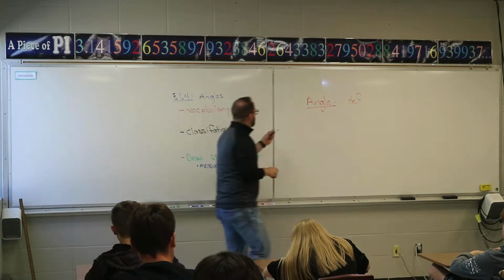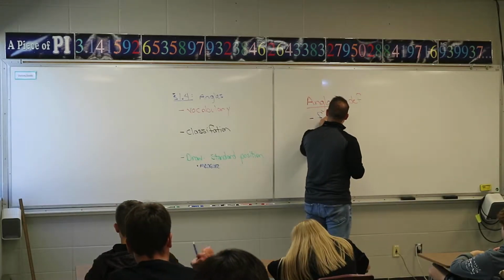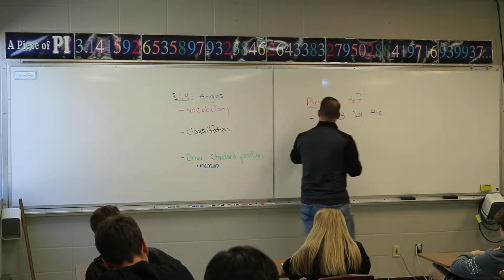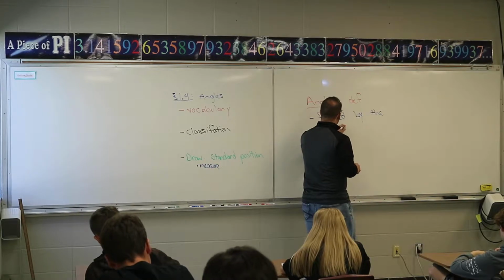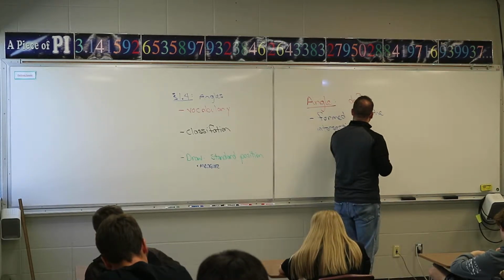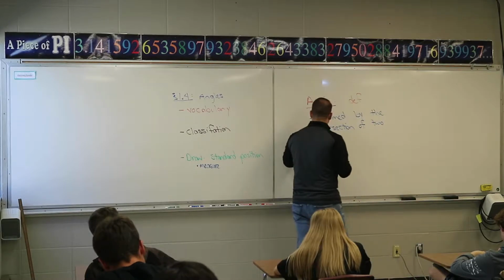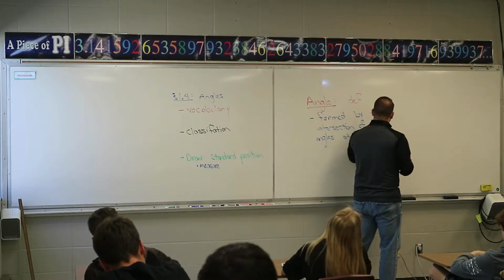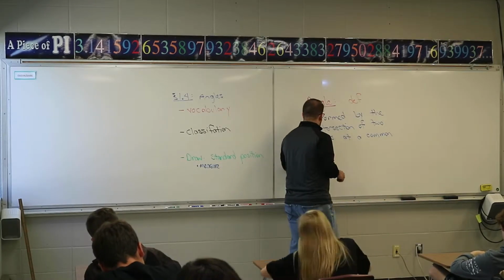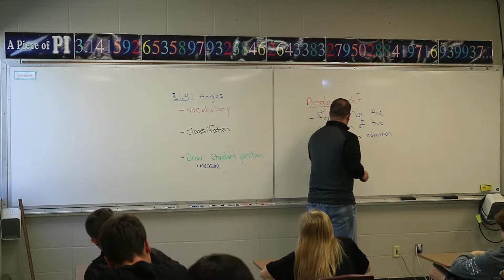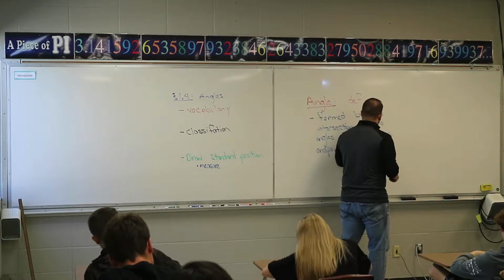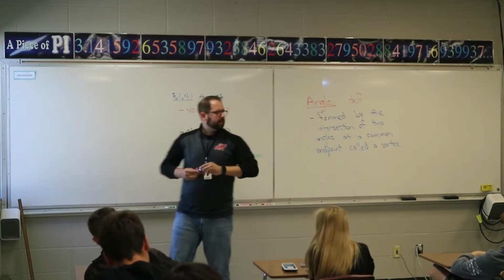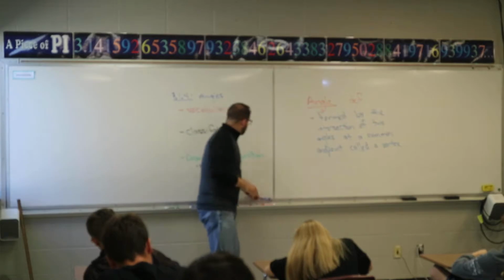Okay, an angle is formed by the intersection of 2 angles at a common endpoint called a vertex. There's your definition.